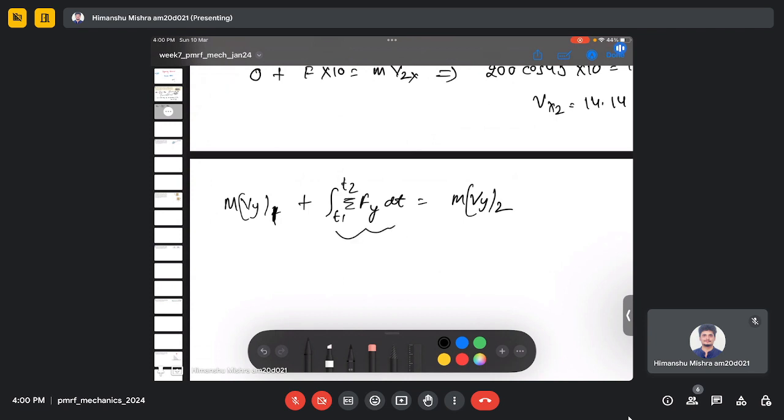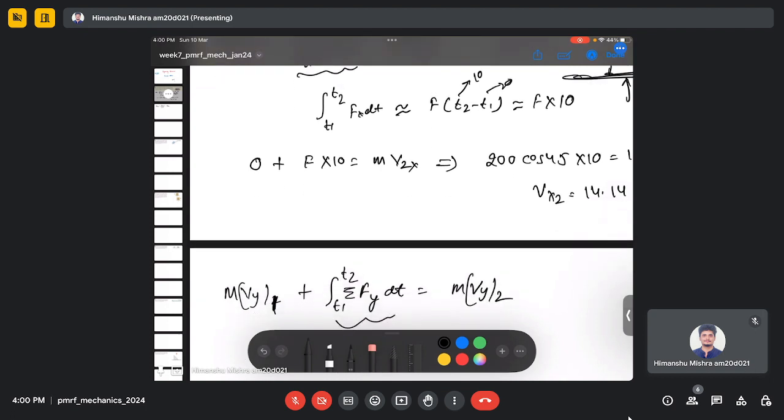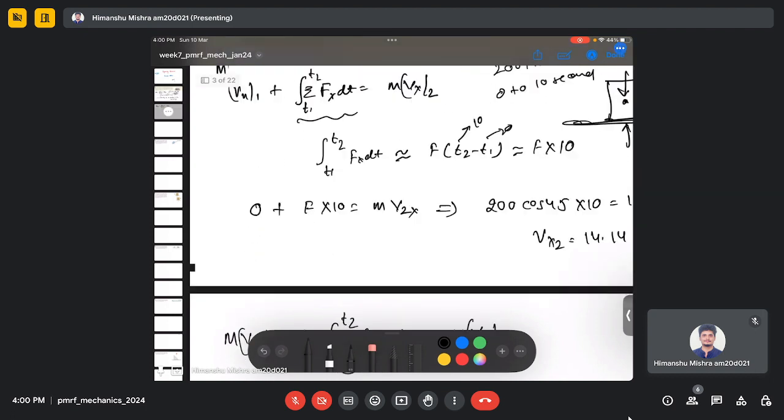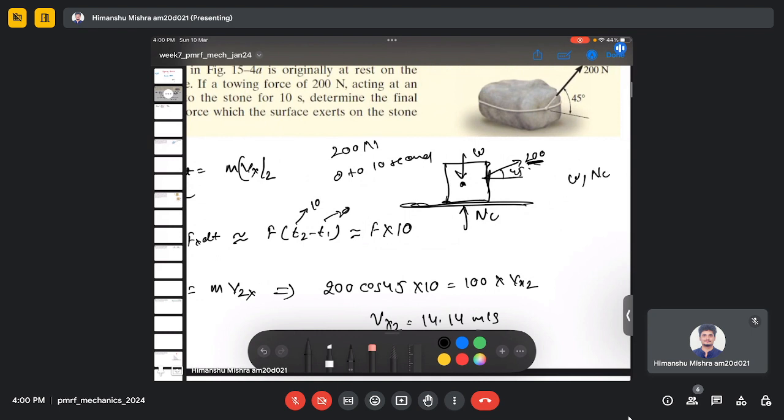Here you consider the summation of all the vertical forces, and in the above we considered the summation of all the horizontal forces. Here the vertical forces are the weight, the normal reaction, as well as the component of the 200 Newton force, which is 200 sine 45.